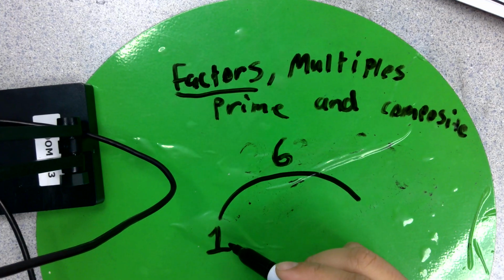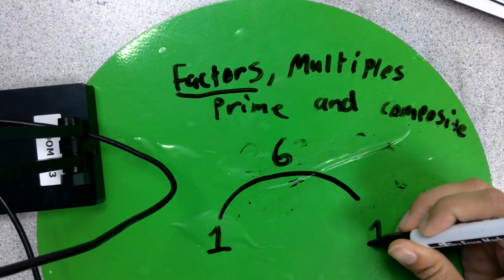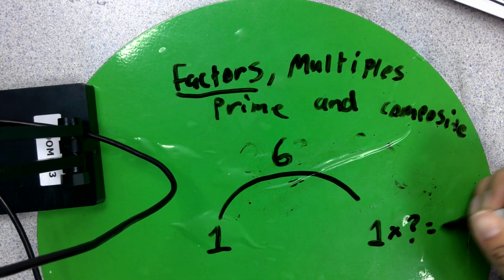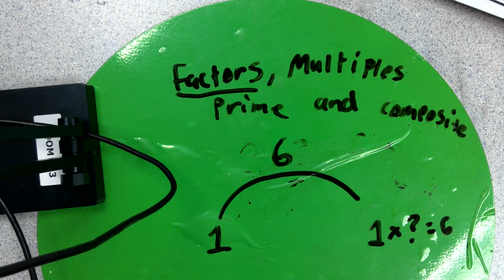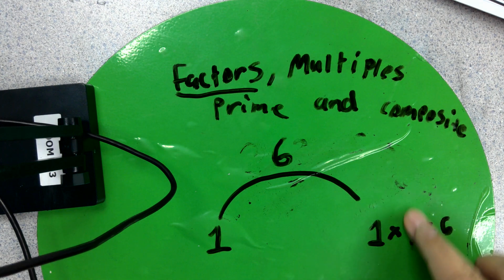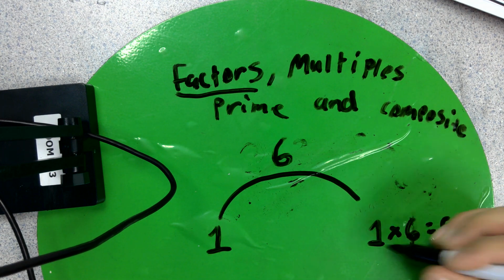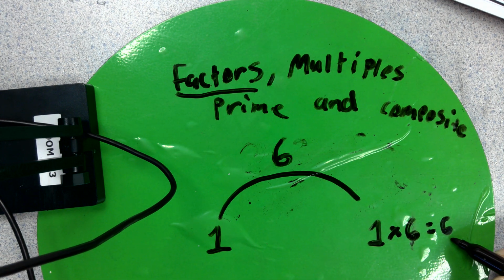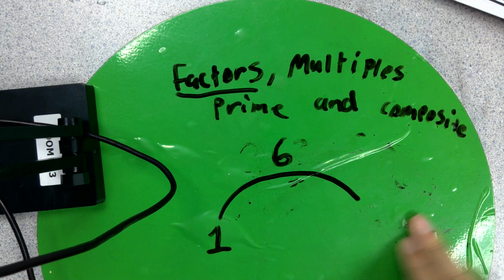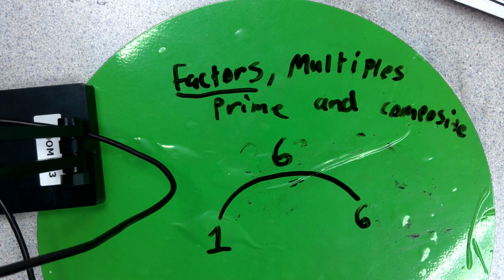What multiplies 1 by 6, we're trying to figure out, right? 1 times something is going to equal 6. And we know with our property of 1 that in multiplication, anytime we multiply a number by itself and 1, it's going to be the same number, 6. So we already know one factor pair of 6 is 1 and itself, 6.